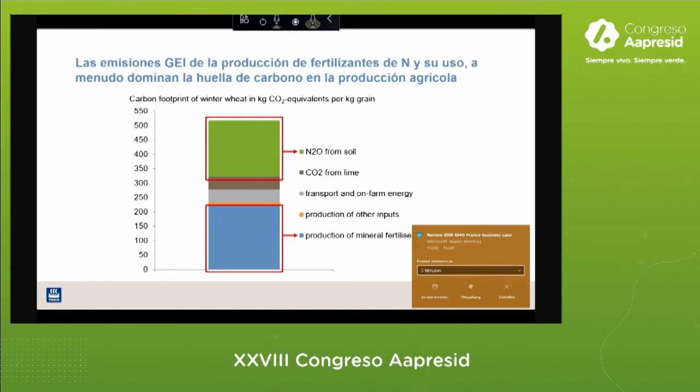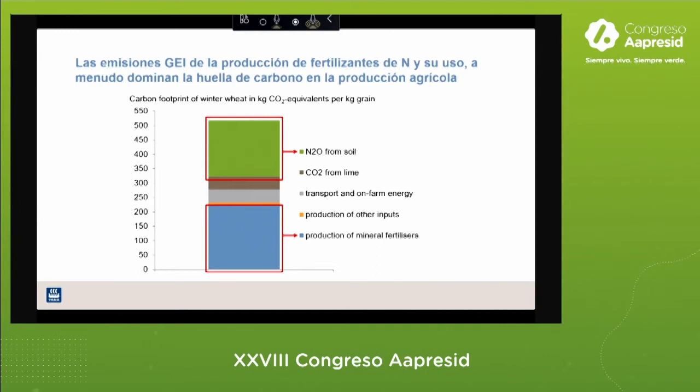And this graph shows the footprint of a kilogram of wheat grain, expressed in kilograms of CO2 equivalents. And then you can see that we have N2O from the soil. The green part, that's the use of the fertilizer, and the blue part is the production of mineral fertilizer, in particular of nitrogen fertilizer. So what can we do about this?